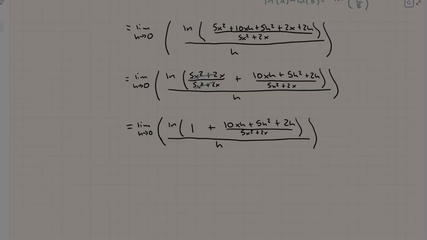This is where we want to pull in our hint that the ln of 1 plus u is basically equal to u for very small u, such as the limit approaching 0.